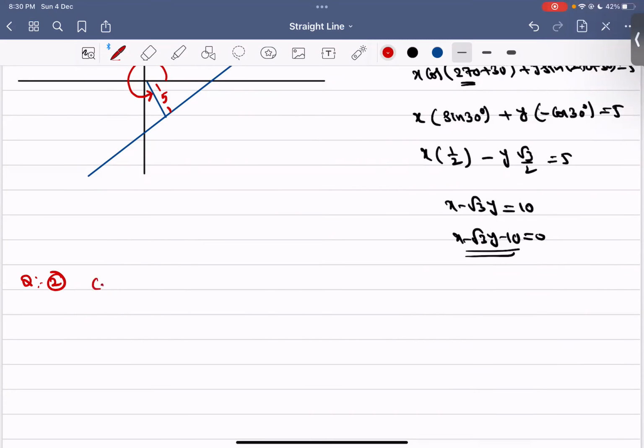Now convert 2x minus 3y plus 10 equal to 0 into normal form.